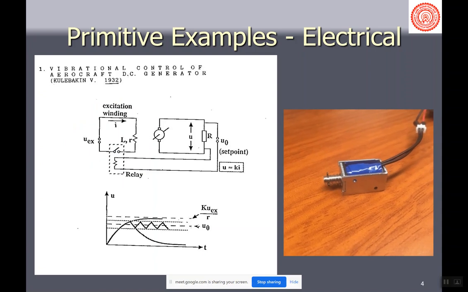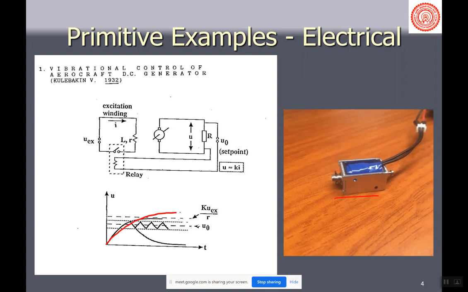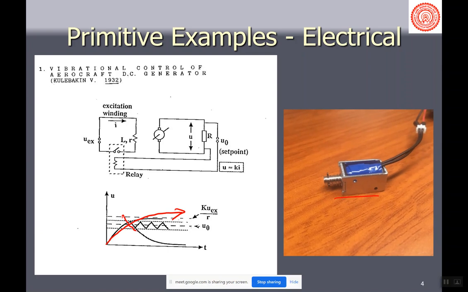When you turn this device on, the speed increases in this manner, and when you turn it off, the speed decreases in this manner. But when you combine both of them, the speed is approximately maintained constant at some point.